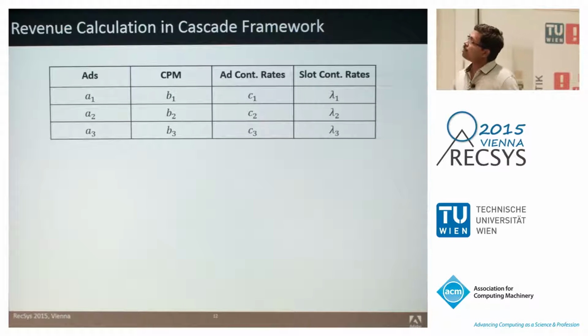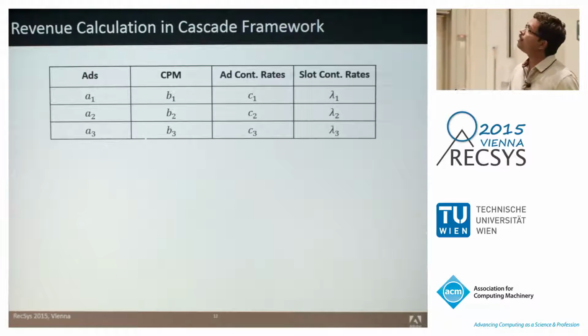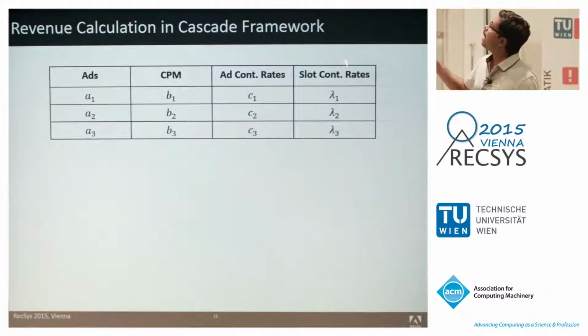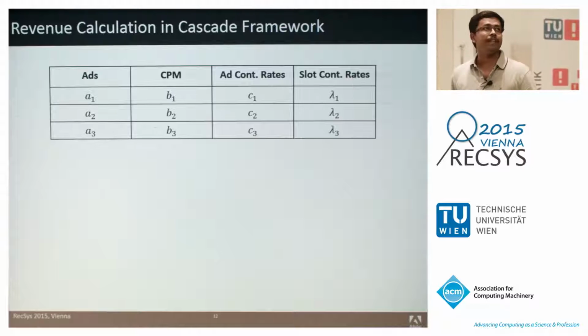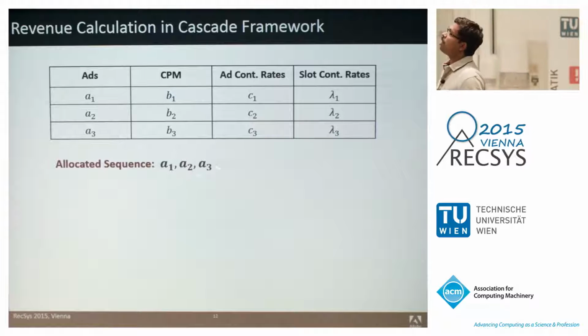So before I get to the actual model, let me show you how we are calculating the revenue in this kind of collective measure. Let's suppose you have 3 ads. You have the continuation rates of those 3 ads, you have the prices of those 3 ads, and these are the slot specific continuation rates. Let's suppose that the allocated sequence is A1, A2, A3.